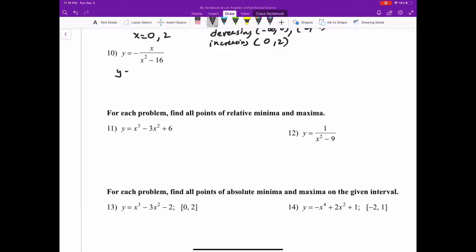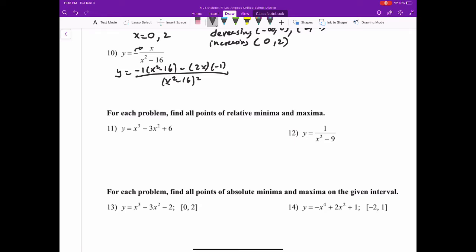I see this is going to be a division, so I'll do quotient rule. So we'll take the negative with the top, okay? So we'll say derivative of the top, leave the bottom alone, minus the derivative of the bottom, which is just 2x. Leave the top alone, all over the bottom squared.